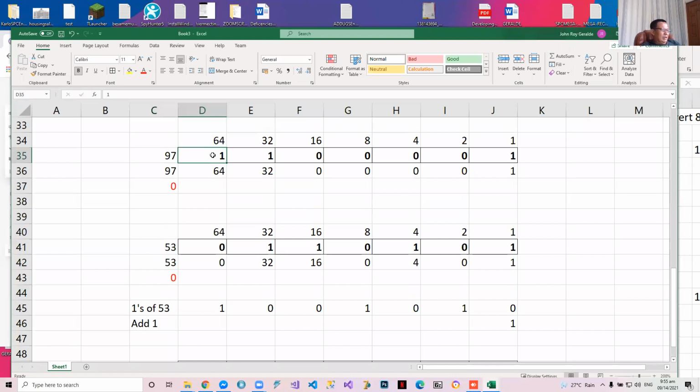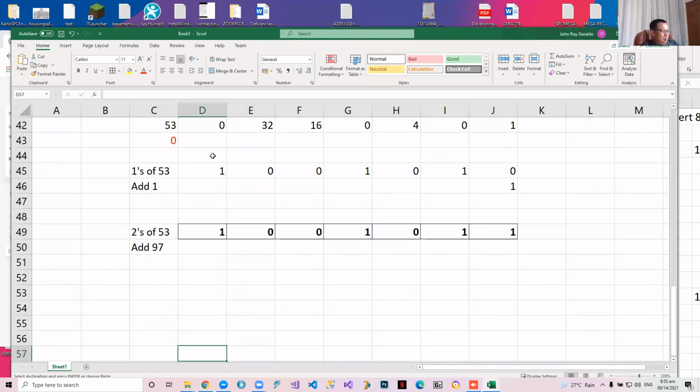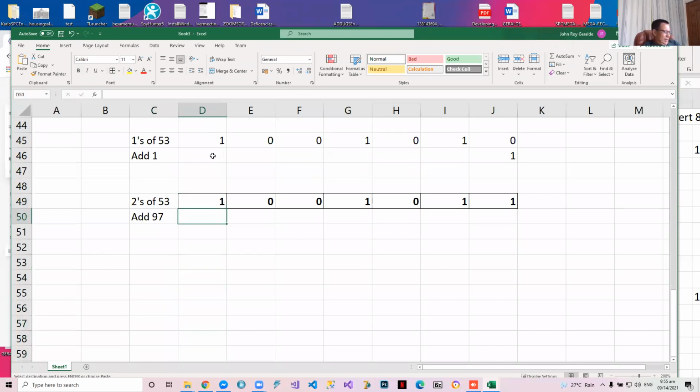We get it here. This is 97. We just paste it here and we add this. Okay, do you follow? No. So 1 plus 1 is a 0. Carry 1. 1 plus 1 is another 0. Carry 1. 1 plus 0 is 1.